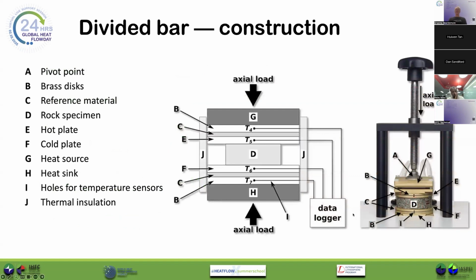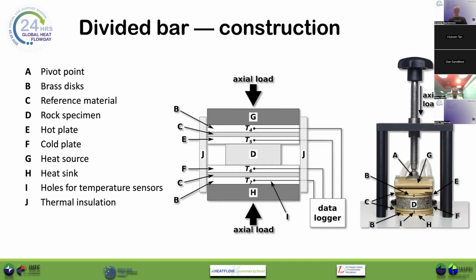The key features of divider bar are, I won't go through all of these items. The key features are really the flat planar surfaces at the top and bottom where the sample sits, and by definition, the sample itself then needs to have corresponding flat polished surfaces at the top and bottom to make good thermal contact with the divider bar.